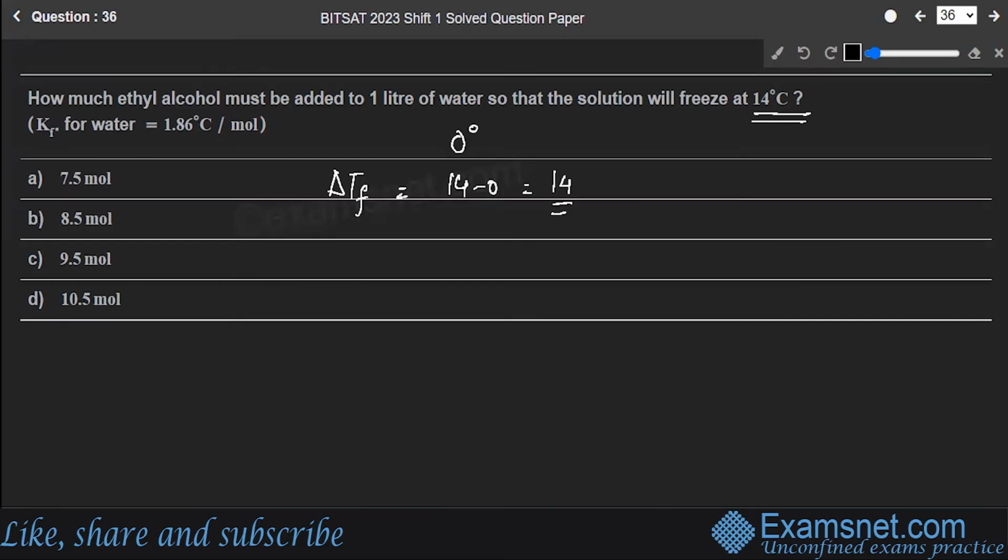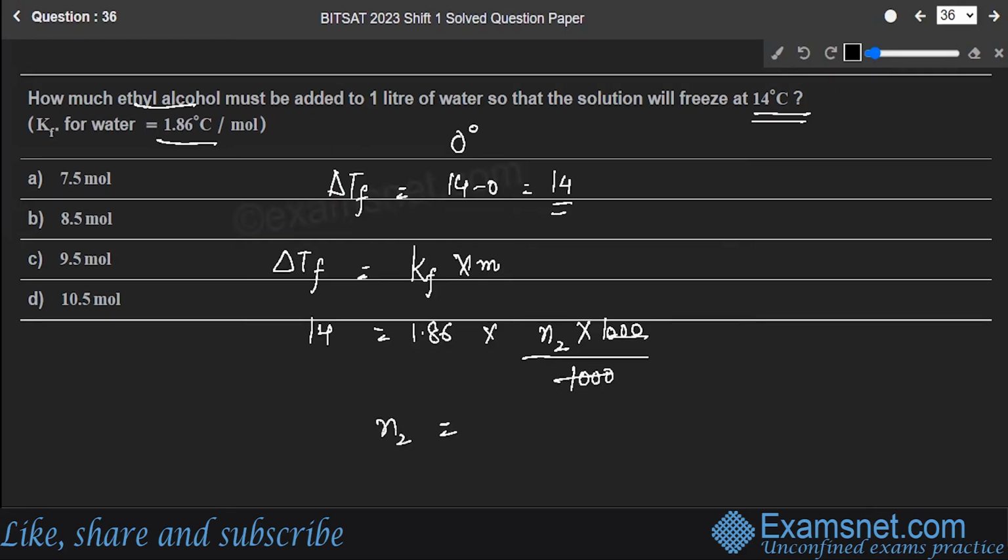Also, delta TF is given by KF into m. So KF for water is 1.86. This is equal to 14, and m is given by how much ethyl alcohol is needed. Let's say that's n2. So this is multiplied by 1000 divided by 1000. This will cancel. n2 will be equal to 14 upon 1.86. So this is 7.5 moles. So 7.5 moles of ethyl alcohol is needed for this purpose. You have option A for the answer.